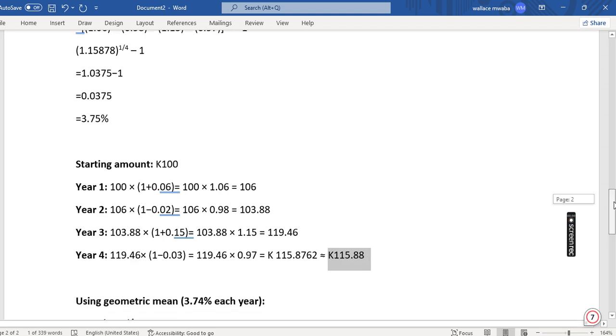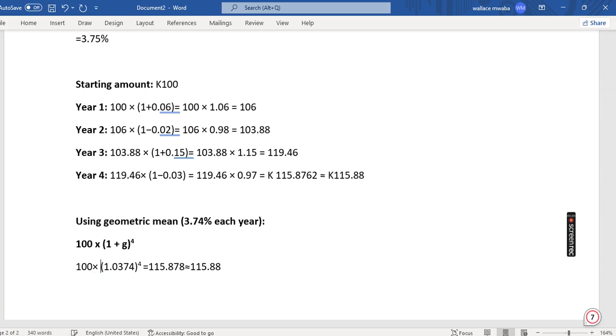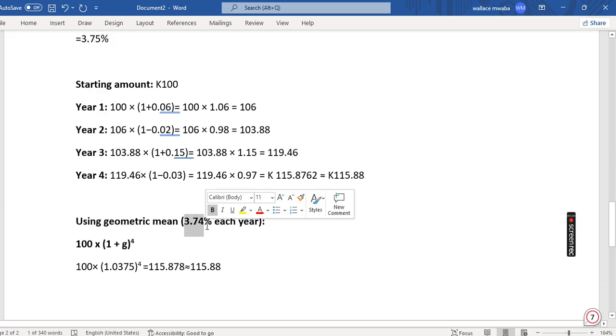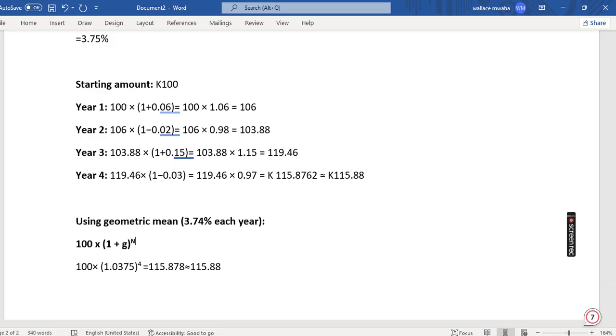So we can prove this. Remember our growth rate, here's the 3.75%. Our growth rate is 3.75% each year. So we're going to say 100 multiplied by 1 plus the growth rate to the power n, the number of years.